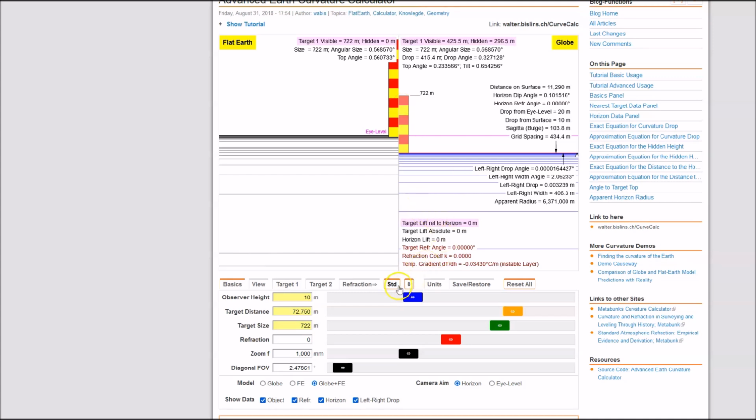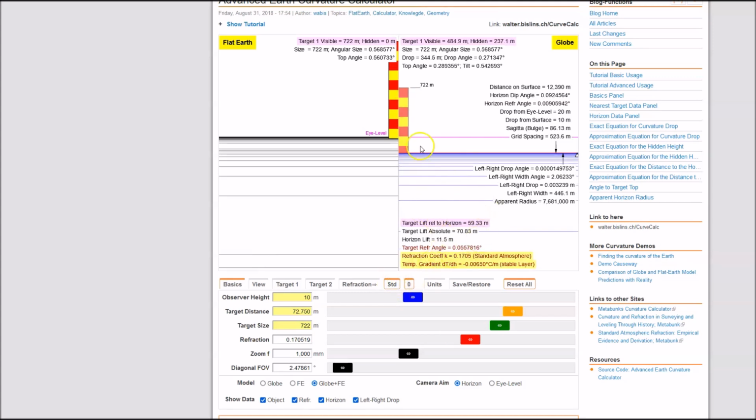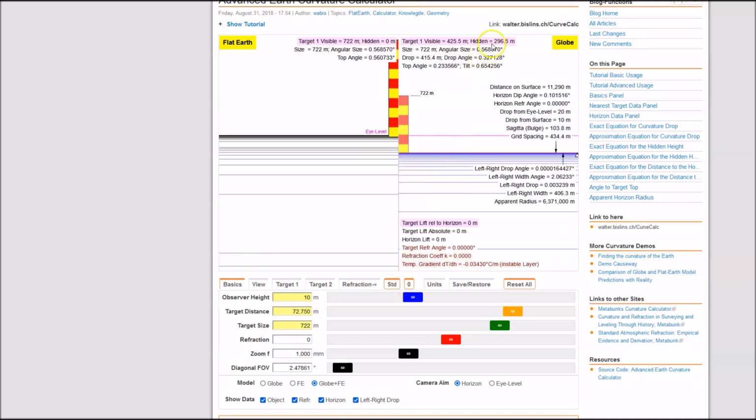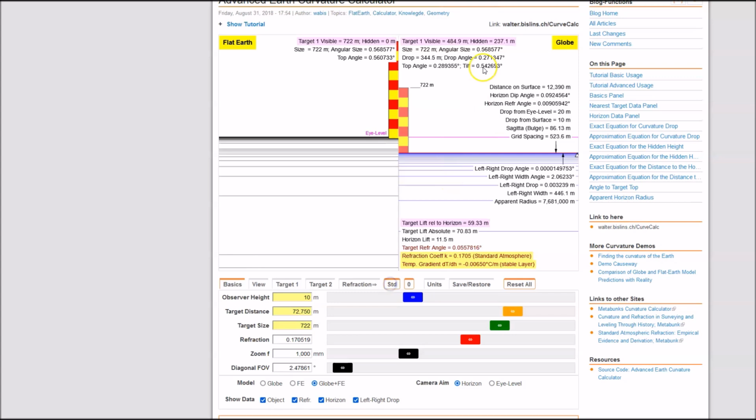So this is zero refraction. If we go to standard refraction, we see that we now get an additional about 10% of the island visible. Originally, at zero refraction, we had 296.5 meters hidden. When we go to standard, we get 237 hidden.